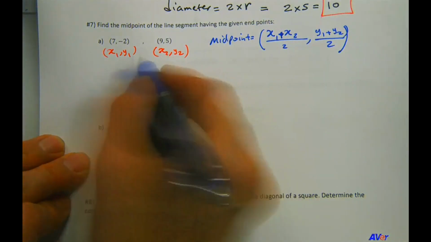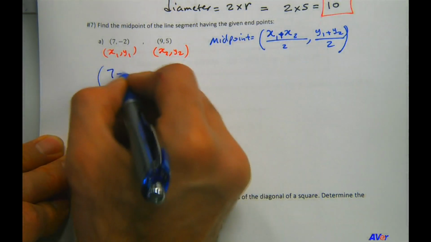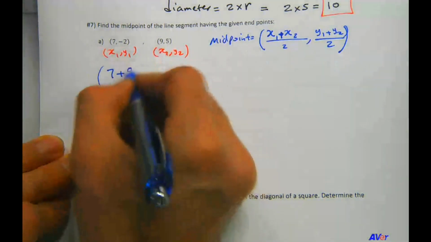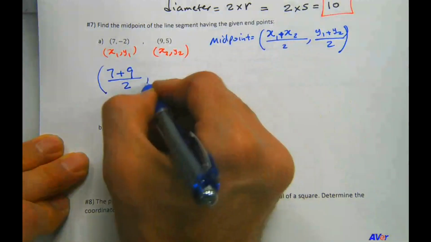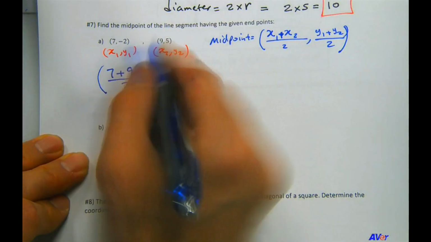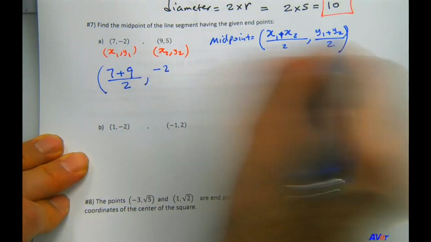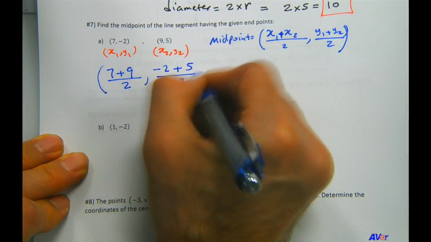So let's plug in. x1 is 7 plus x2, 9, divided by 2, comma, y1 is minus 2 plus y2, which is 5, divided by 2.